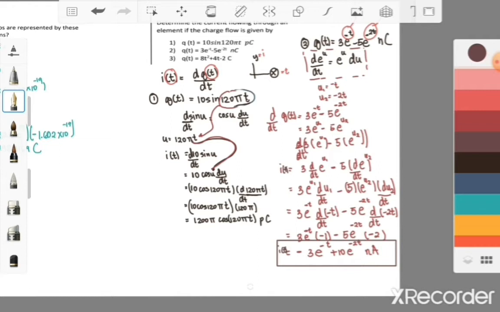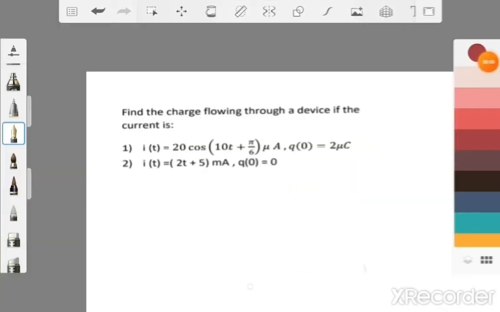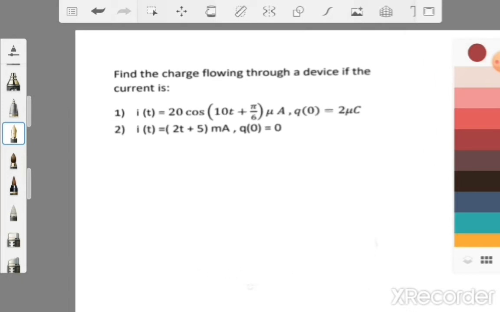So, Q sub t is equal to 8t squared minus 4t minus 2 coulombs. The answer is just equal to 6. So, let's proceed to your example number 3. We have find the charge flowing through a device if the current is number 1, I sub t is equal to 20 cosine(10t plus pi over 6) microampere, and Q sub 0, or your initial charge, is equal to 2 microcoulomb.